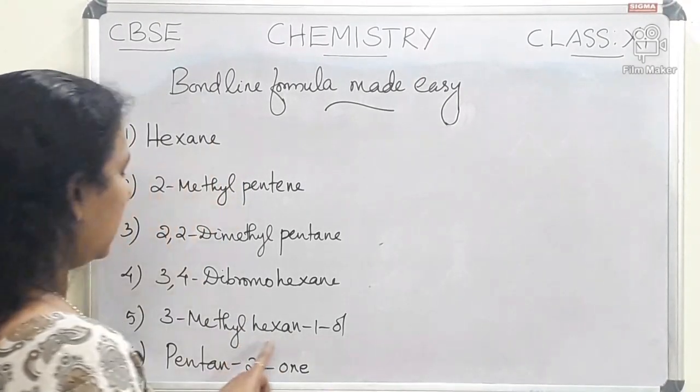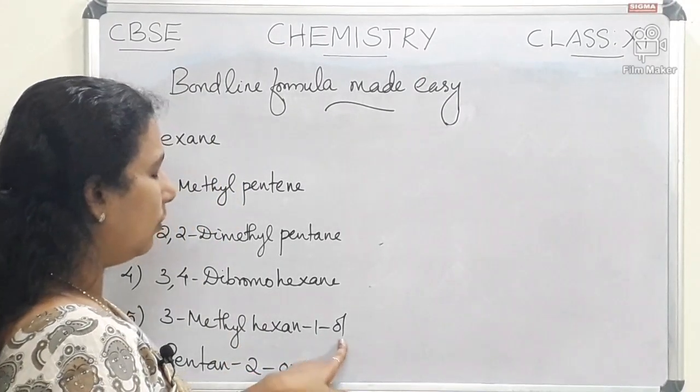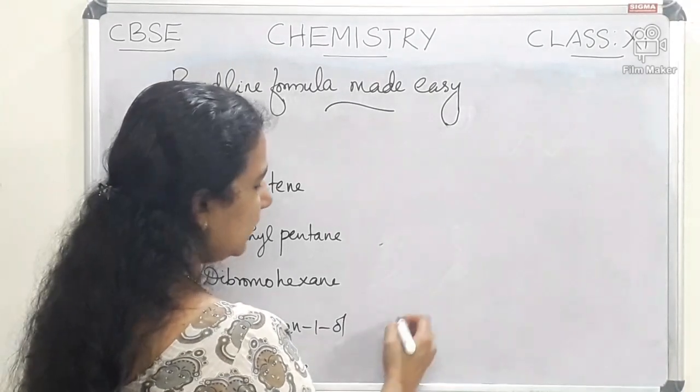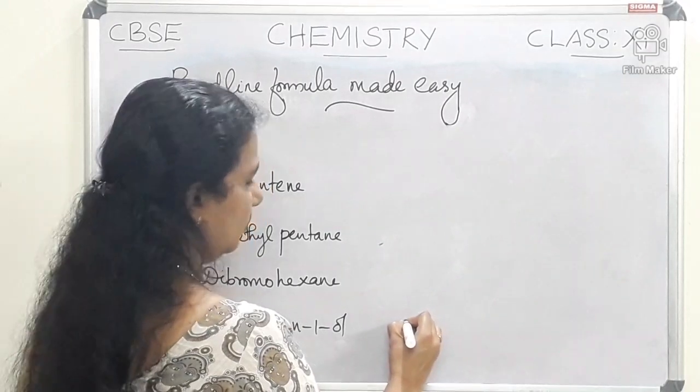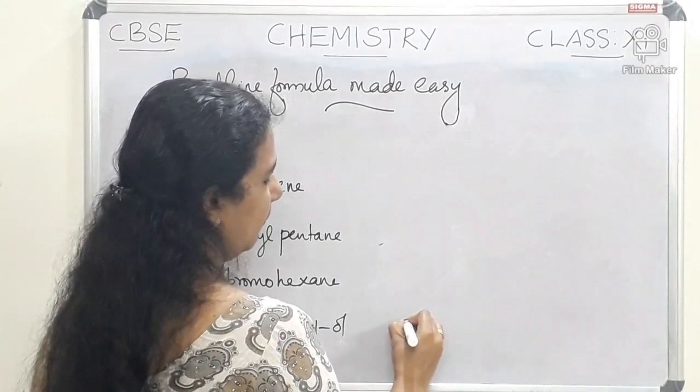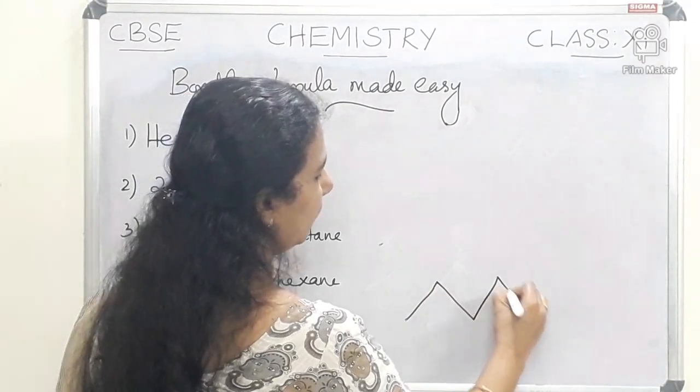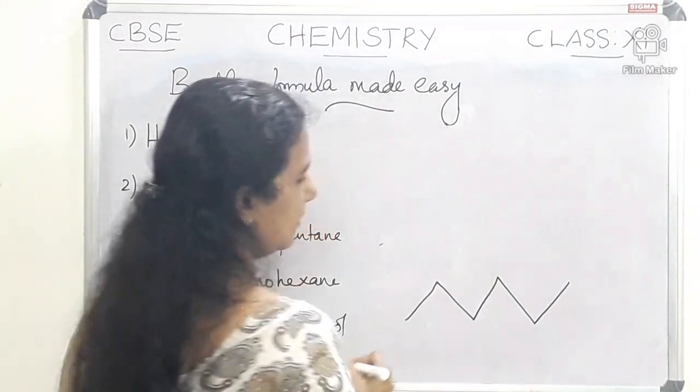Then the next compound is 3-methyl-hexan-1-ol. 1-ol means it's an alcohol. It contains 6 carbon atoms: 1, 2, 3, 4, 5 and 6.